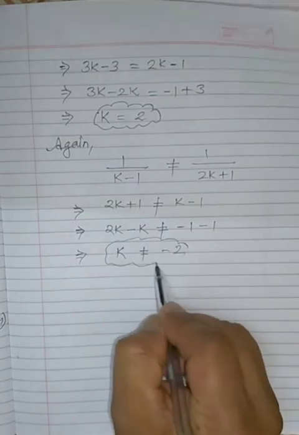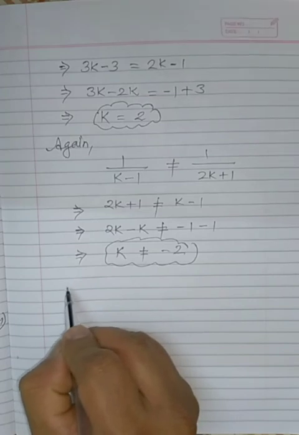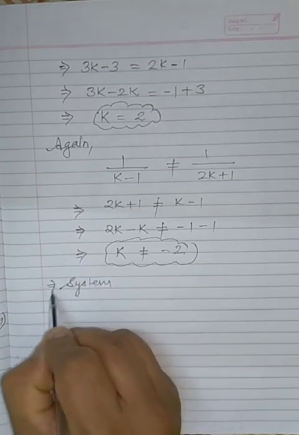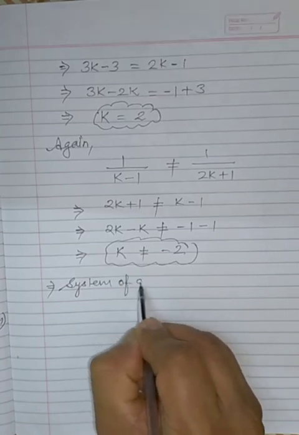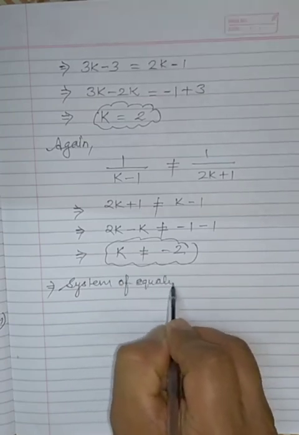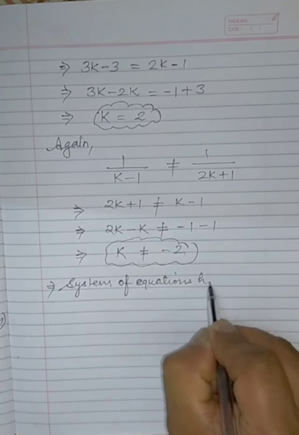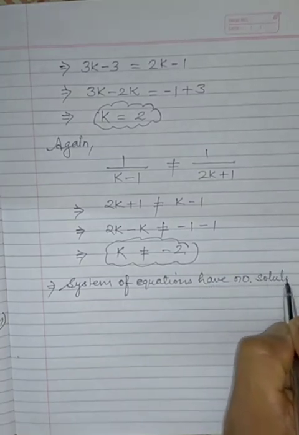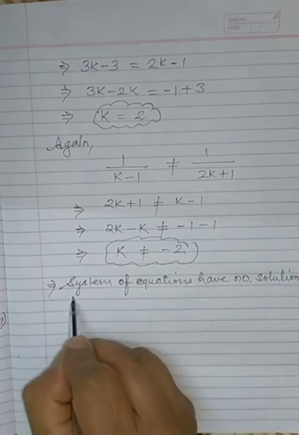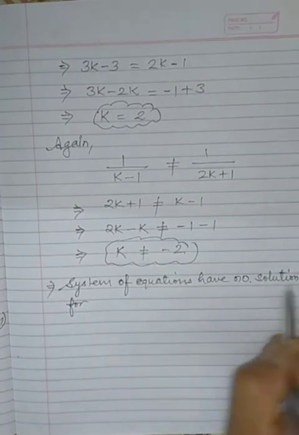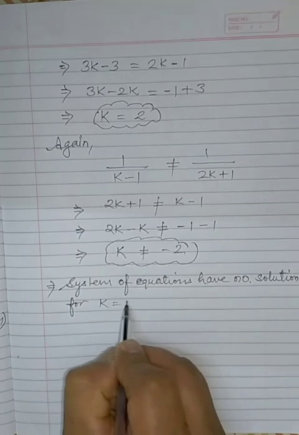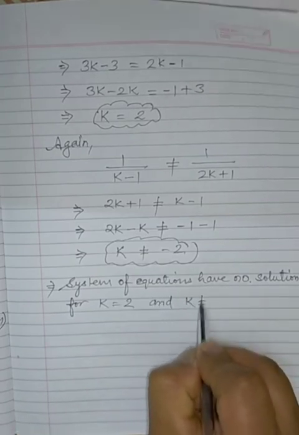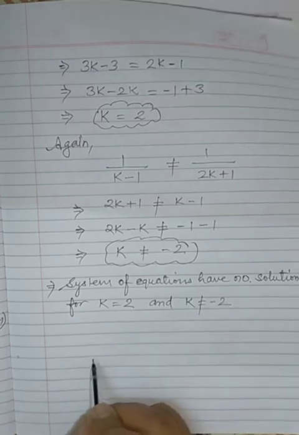That means the system of equations has no solution for k is equal to 2 and k is not equal to minus 2.